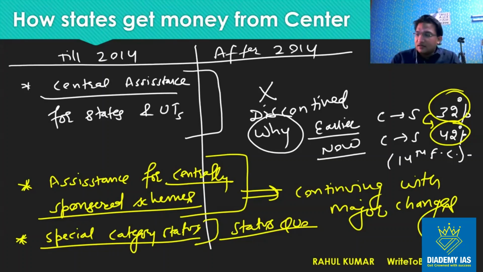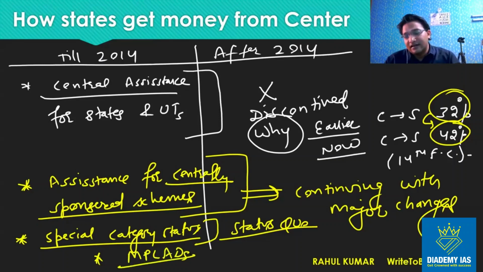Apart from that, there are two other ways through which the money is transferred, which are continuing as of now also. First is in the form of MPLADs. So in the recent times, you would have come across the news that central government has abandoned this MPLAD scheme for certain period.